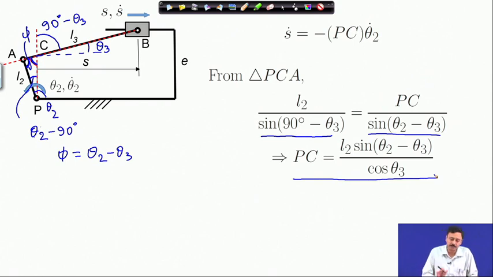So, we are going to find such a triangle, and we can find out this distance P c geometrically. So, that is our objective. We are finding out the distance P c by geometry.